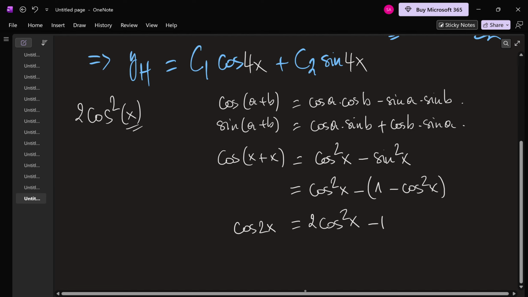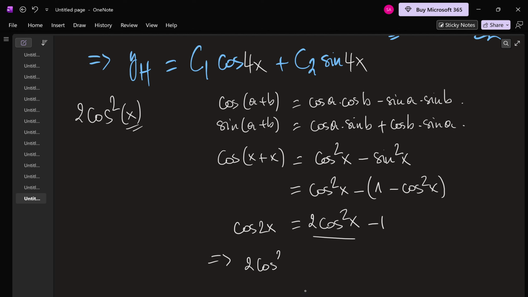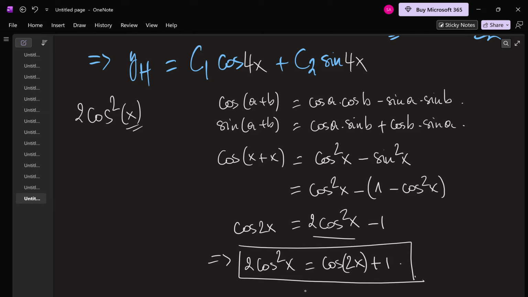So finally, 2 cos squared x is actually equal to cos 2x plus 1. Okay, so we will use this in our equation.